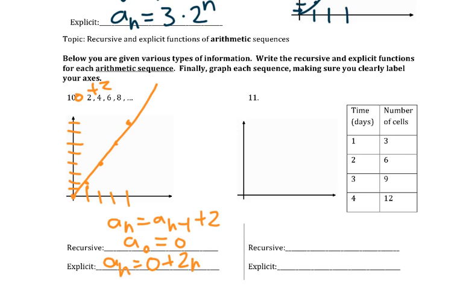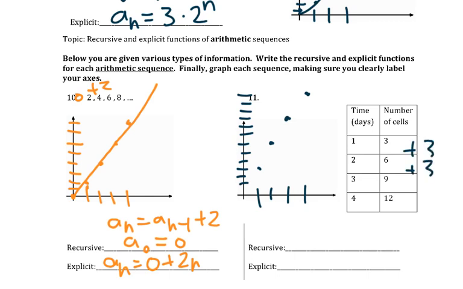Okay, so number 11, and we've got 1, 3, 2, 6, 3, 9, and 4, 12. Okay, if we can tell, we're adding by 3 each time.